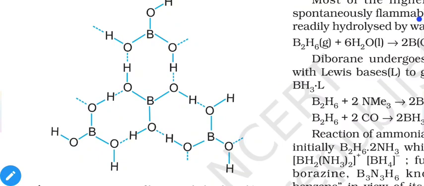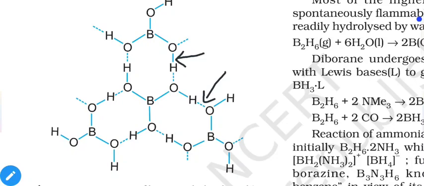So as we can see, we have B(OH)3 molecules attached with each other via hydrogen bonding. This solid line represents permanent attachment between oxygen and hydrogen, and this dotted line represents hydrogen bonding between oxygen and hydrogen.